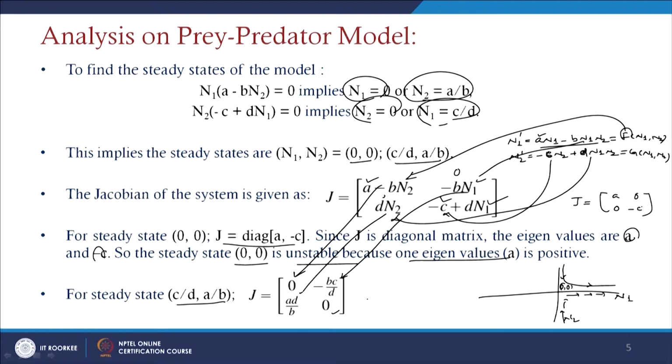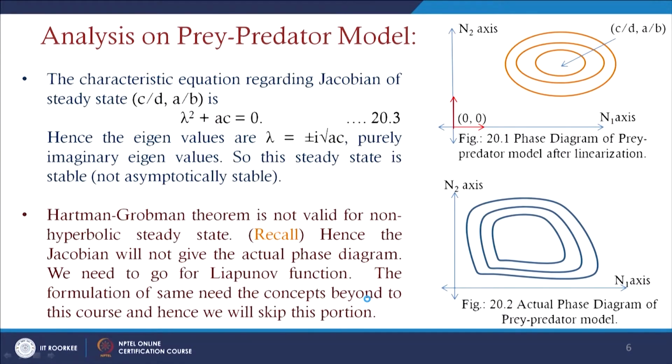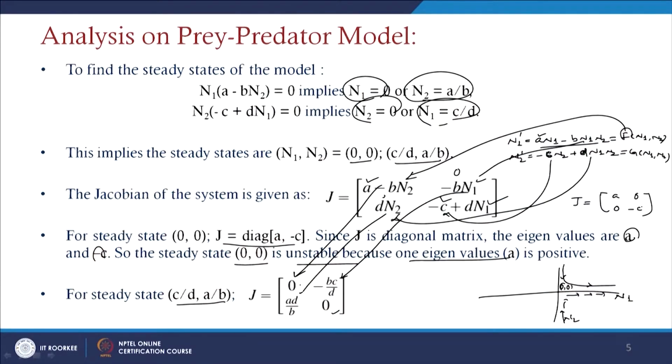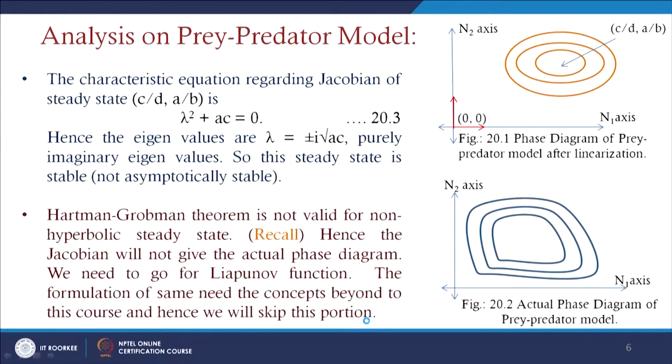And for the eigenvalues here, if I put a minus lambda and set its determinant equal to 0, it gives lambda square plus AC equals 0. This is the characteristic equation at the steady state point c by d and a by b.